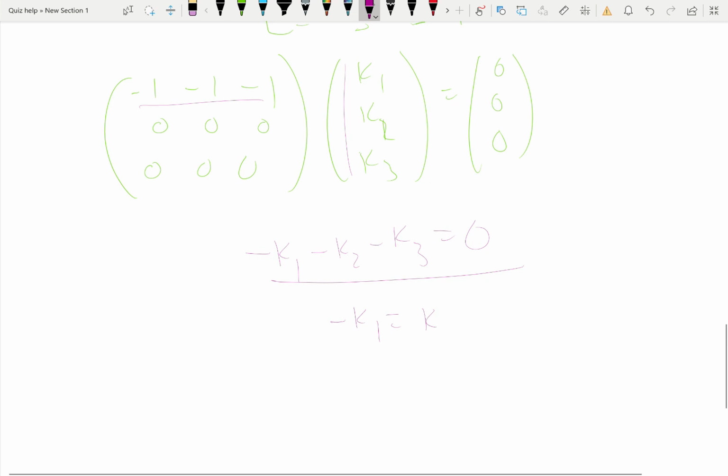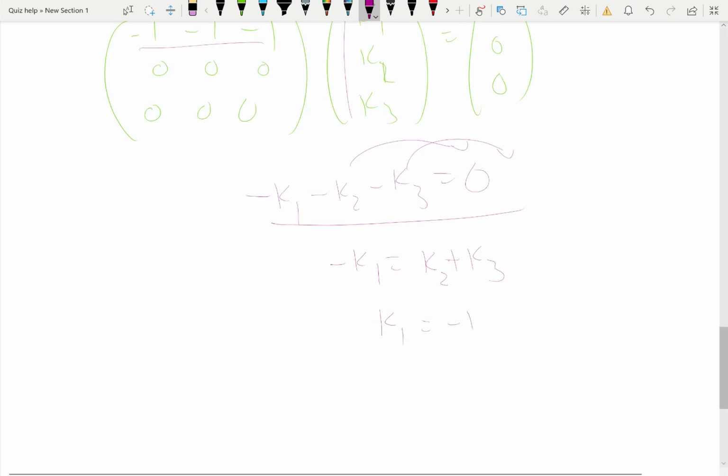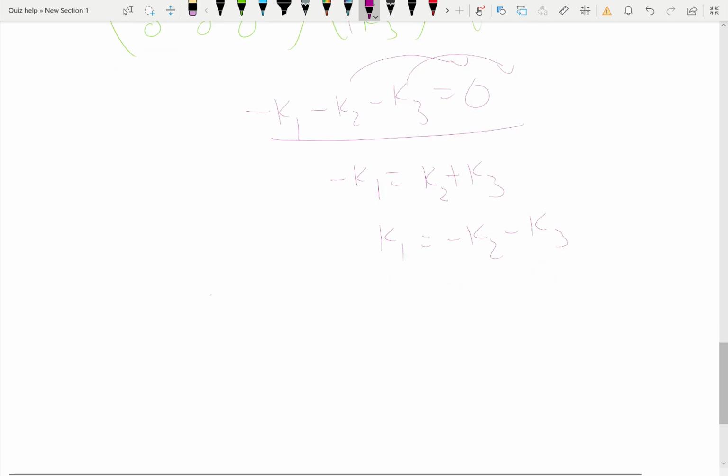So here negative k1 is k2 plus k3 if we take these terms to the right. So that means k1 is negative k2 minus k3. We don't know k3, it's a free variable. We don't know k2, it's a free variable. k1 is negative k2 minus k3.